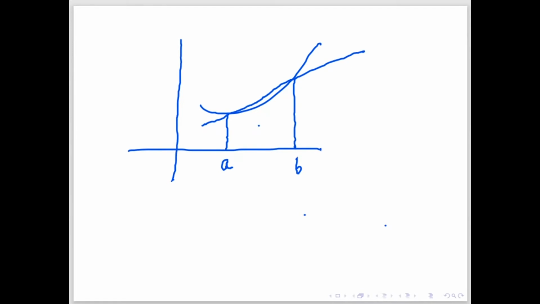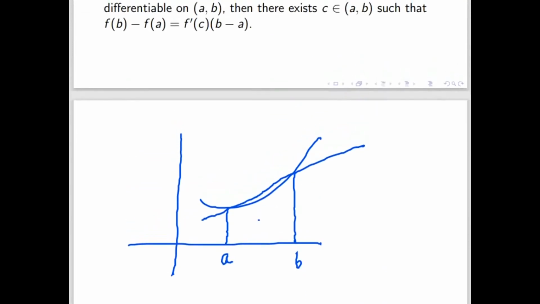Then what will be the slope of this line? This point is (a, f(a)) and this point is (b, f(b)). Joining these 2 points, the slope of that line is (f(b) minus f(a)) divided by (b minus a).